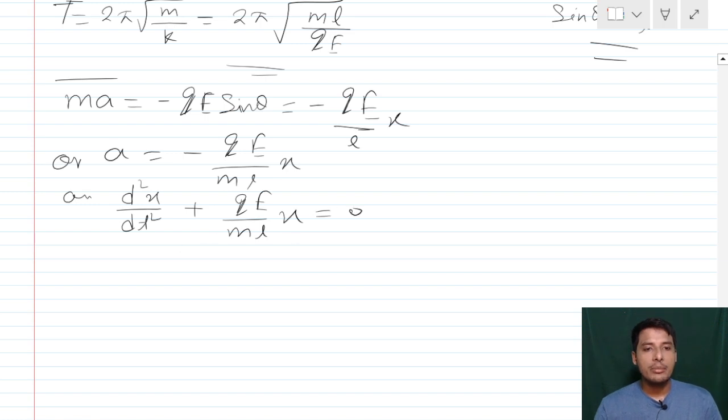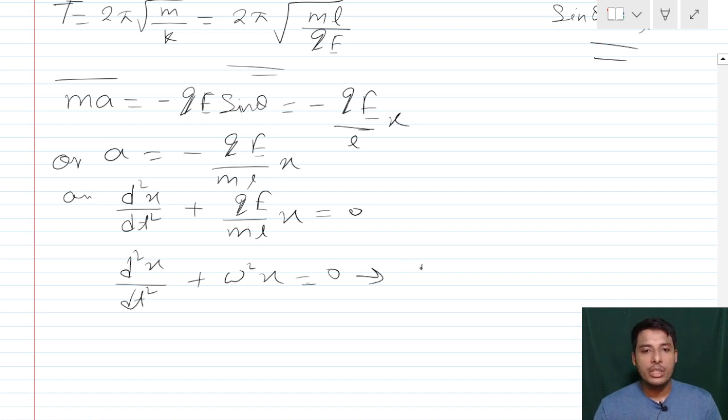So this is nothing but the differential form of simple harmonic motion, that is the general form d2x by dt square plus omega square x equal to 0, that we have already discussed in the oscillation chapter of class 11.